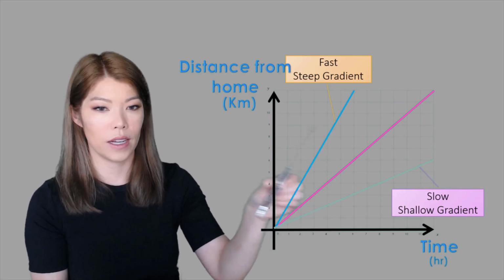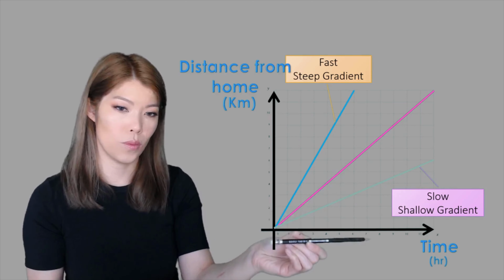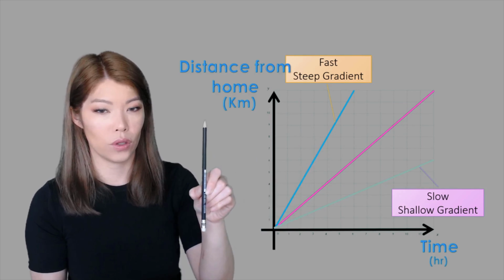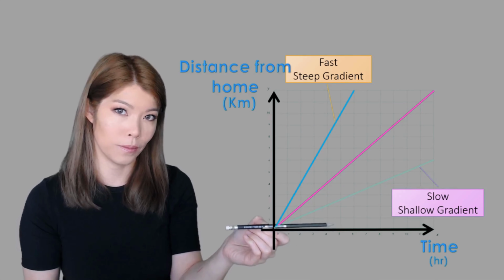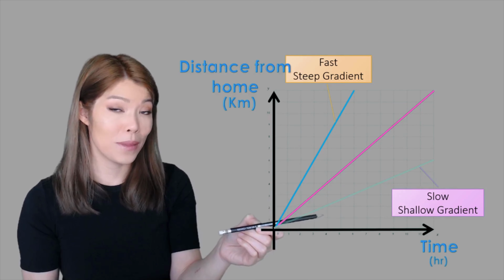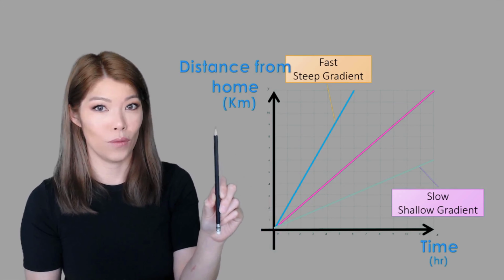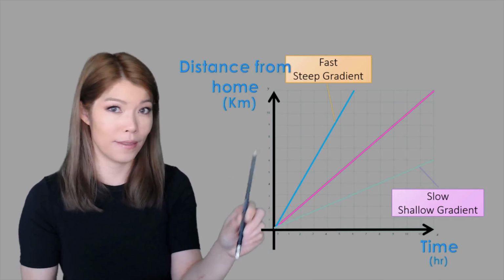Fastest has a gradient that's almost standing up, and slowest has a gradient almost lying down. So faster is when it's close to the y-axis, slower is when it's close to lying down. A silly way to remember this is you're not moving when you're lying down, you're only walking or moving when you're standing up. Fastest, slowest, slowest, fastest.